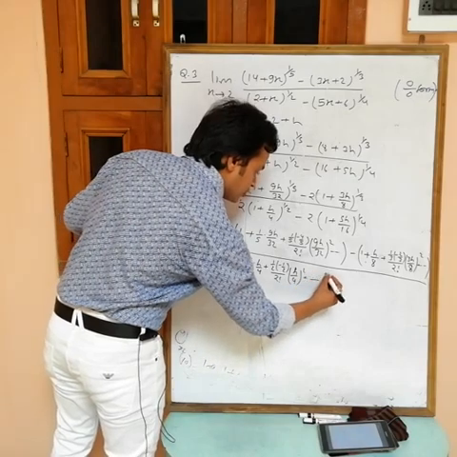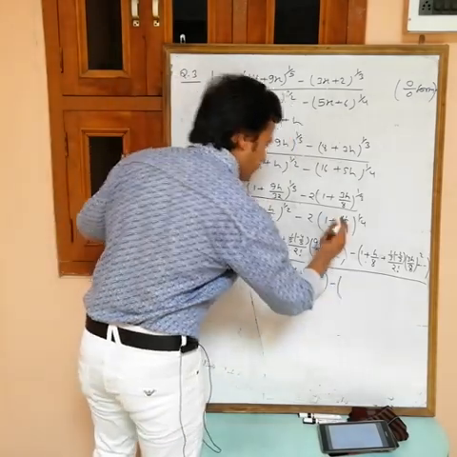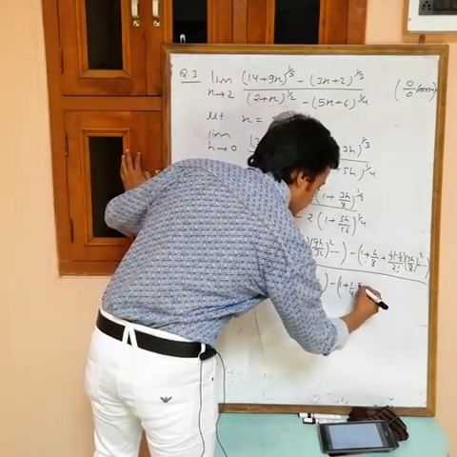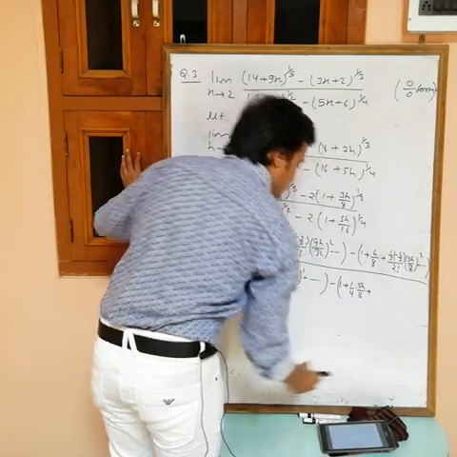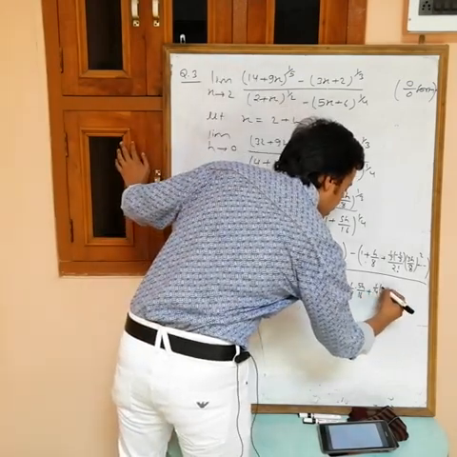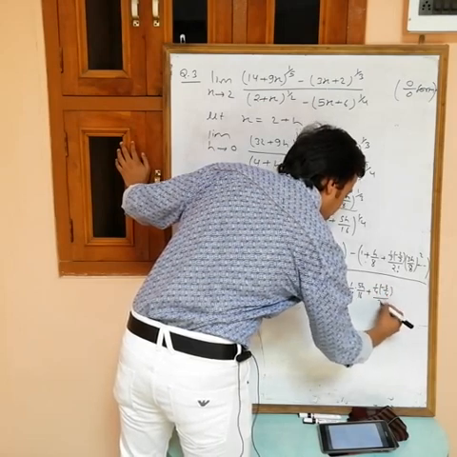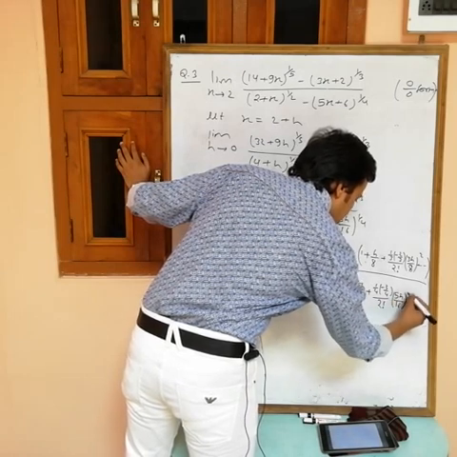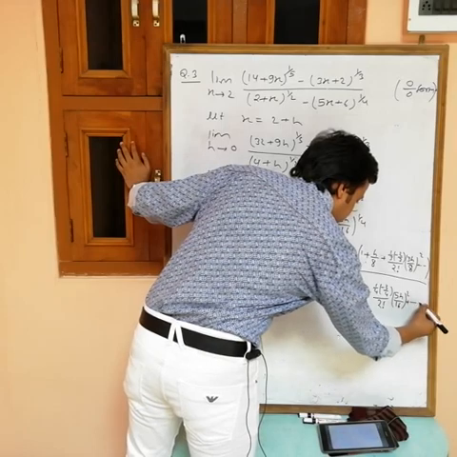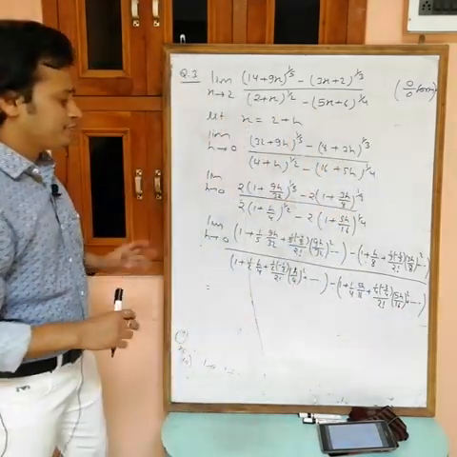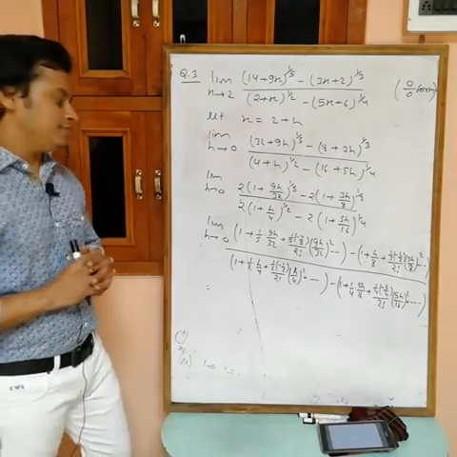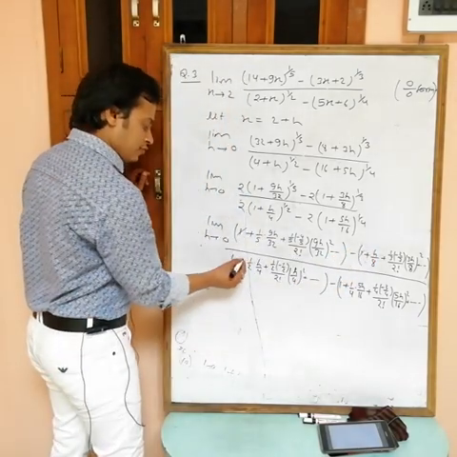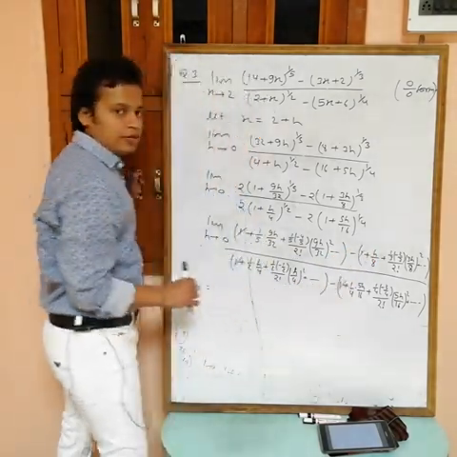Okay, minus 2 is cancel out now, 1 plus n h, n minus 1 by 2 factorial into square of 5h by 16. Okay, now in these all, see, this one and this one cancel out, 1 cancel out.